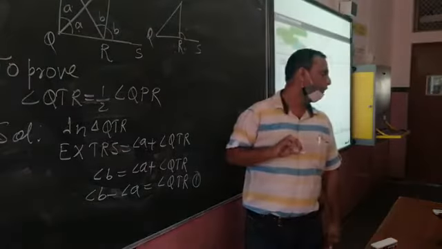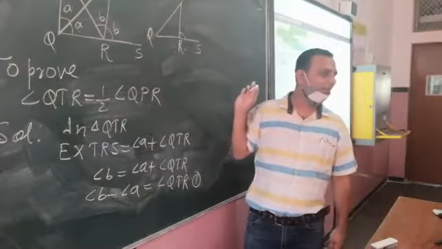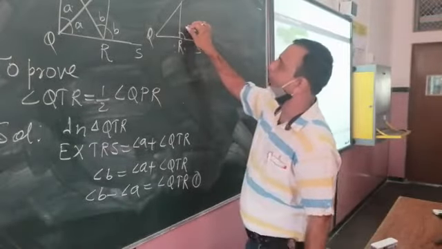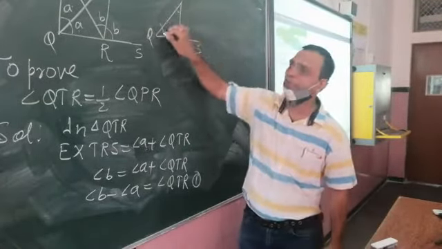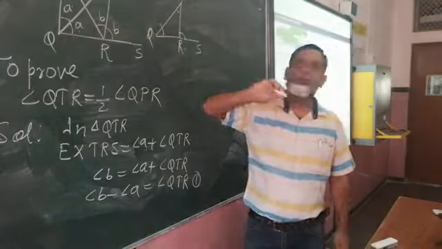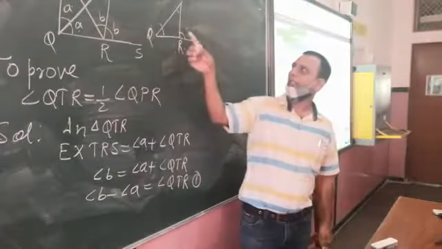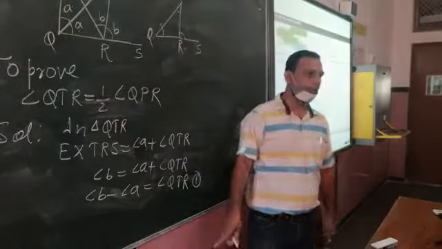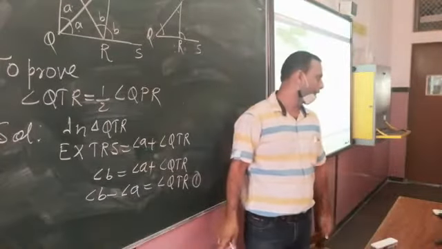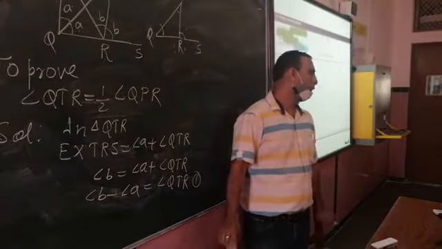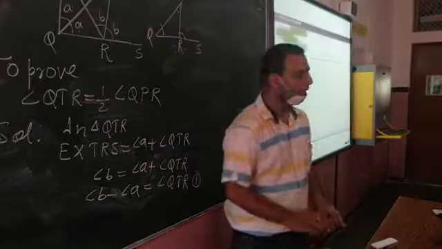Yes or no? Yes. PR is the exterior angle. So if PR is the exterior angle, it will be equal to what? Angle Q and angle B. What is the value of the PRS? 2B. And what is the value of the Q? 2A. Got it?